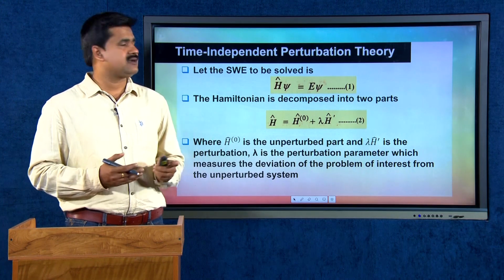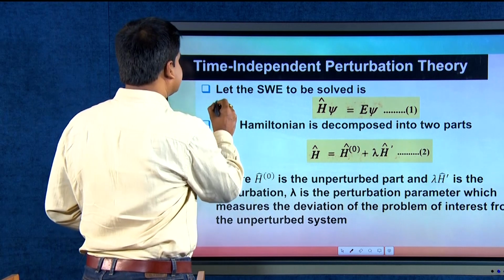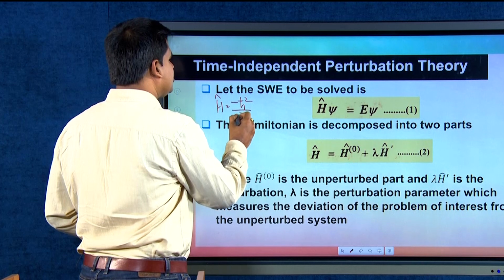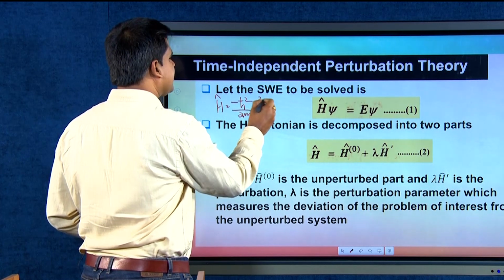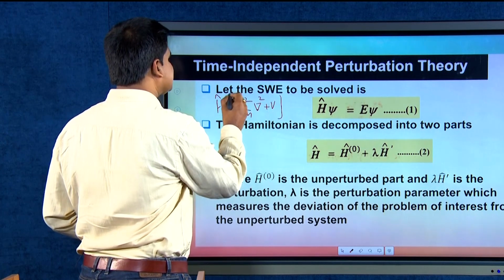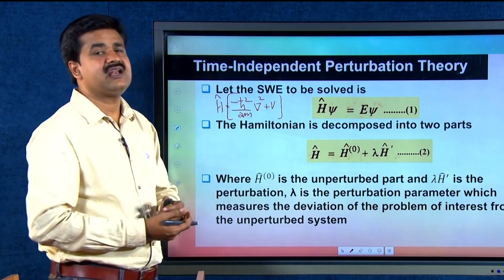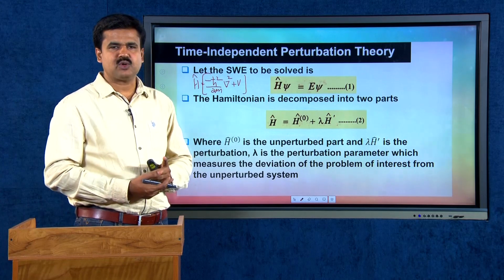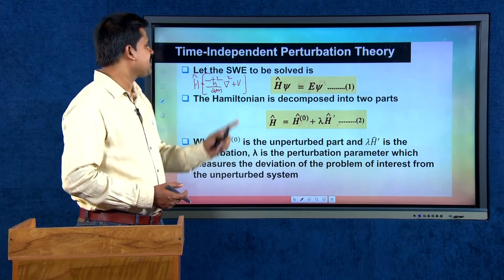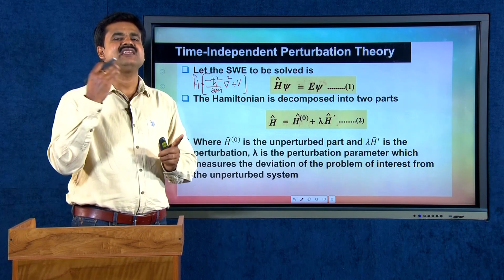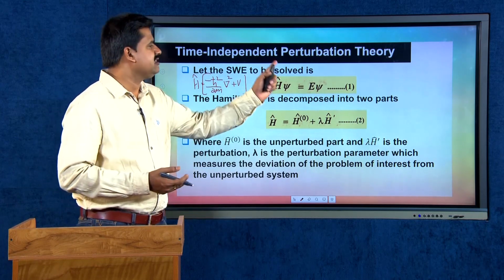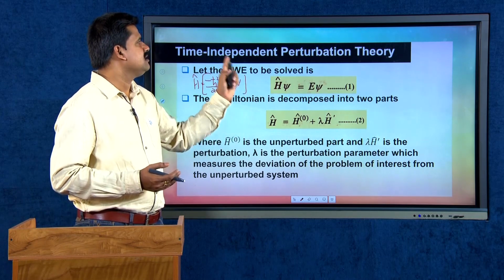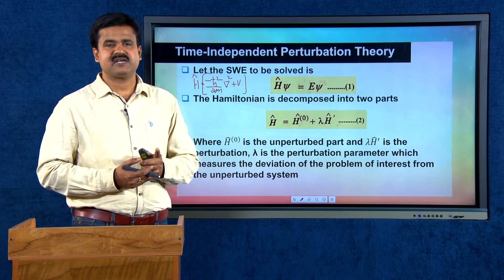As we are all aware, the term H hat represents minus h cross square by 2m del square plus V, and this is termed as the total energy operator. So, Hamiltonian into psi is equal to energy into psi, and this Hamiltonian is independent of the time variable, and this equation is also independent of time, and hence we use the term time independent perturbation theory.